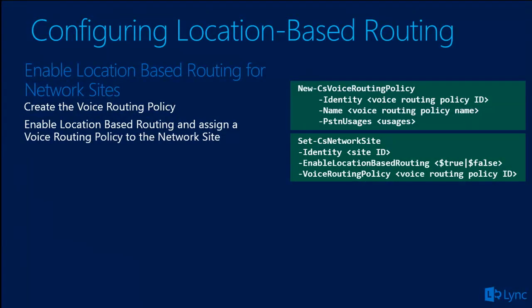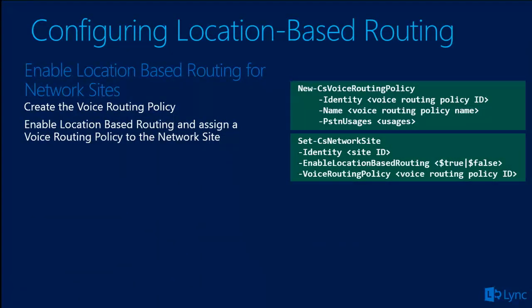We cannot do it right now through the control panel or the topology builder. Maybe the sites you can create from the control panel, that's fine, but whenever you want to enable location-based routing, you have to go to PowerShell. Maybe in the future things change, we don't know, but right now there is no other way.